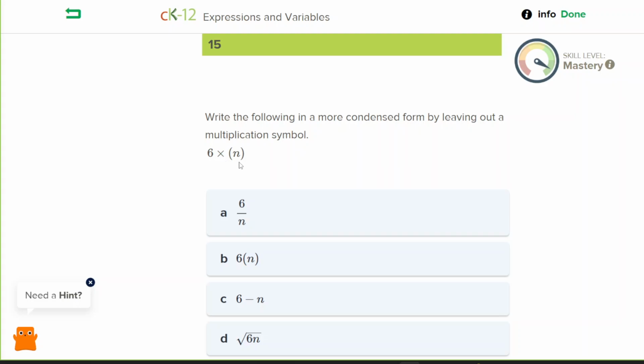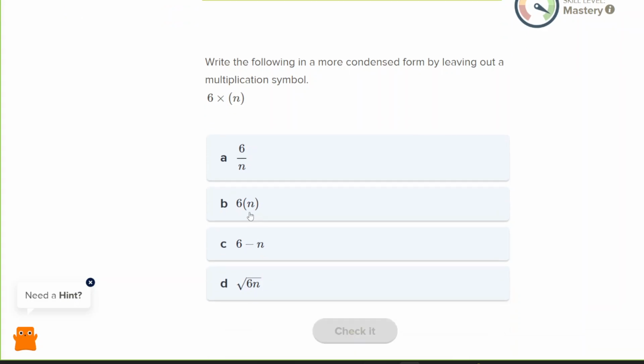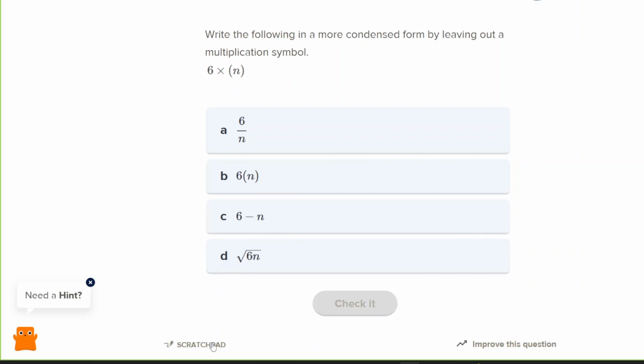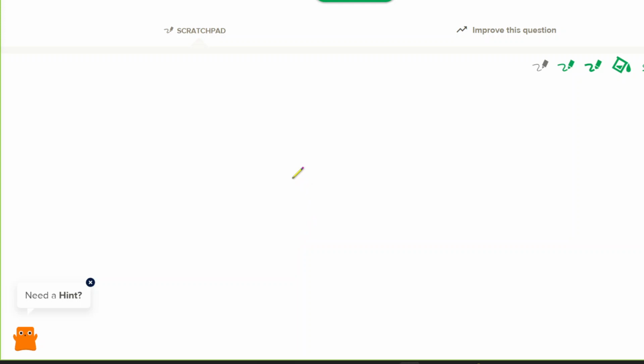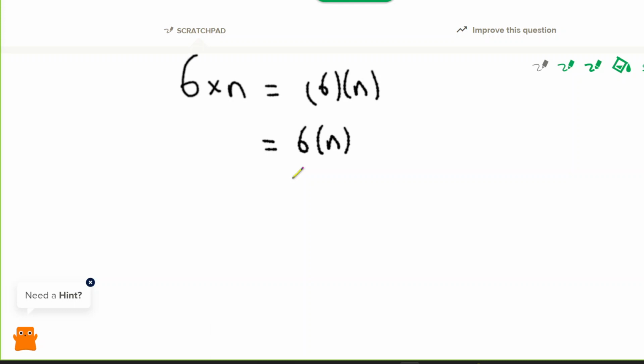When one of the factors is a variable, 6 times n is the same thing as 6 times n like this, where you just touch them, or you could just write 6n. All of these mean the same thing.